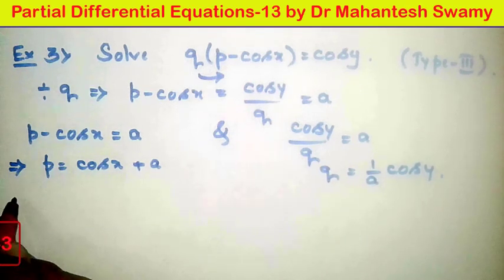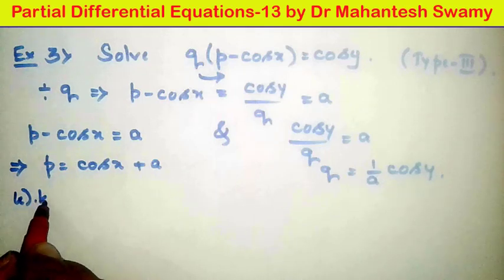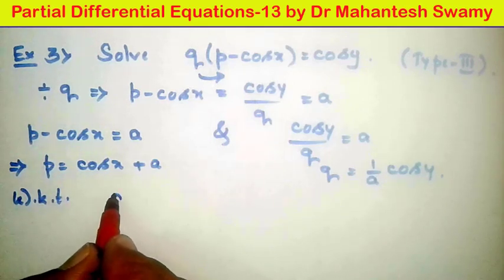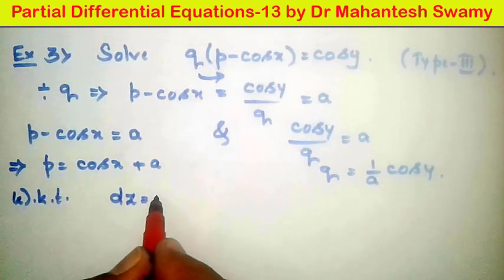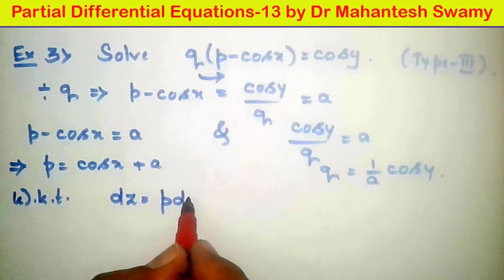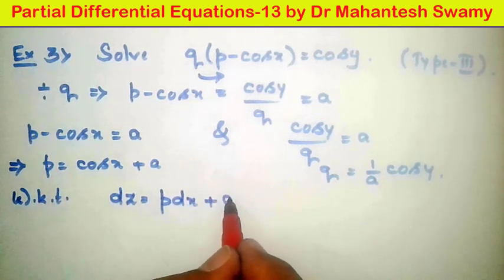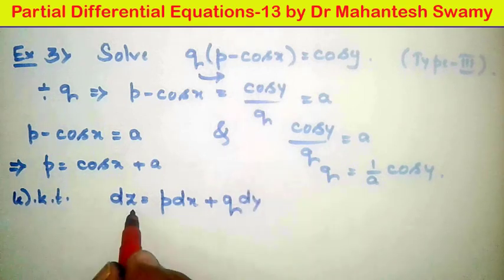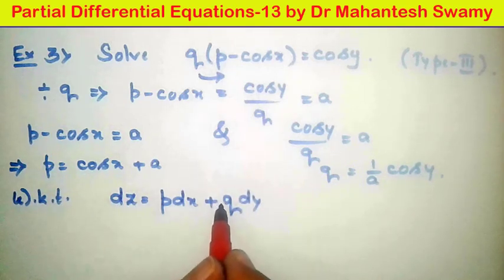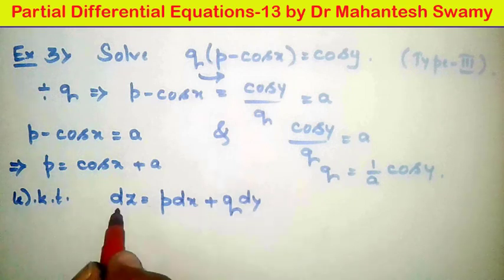After having the values of p and q we have to use one very important result, that is dz equals p into dx plus q into dy. It is not so difficult to get this equation. I have explained how this has come. Please watch the previous video for that.